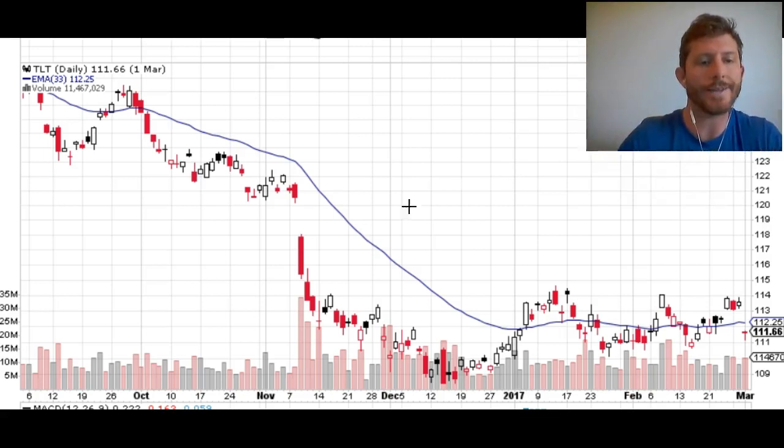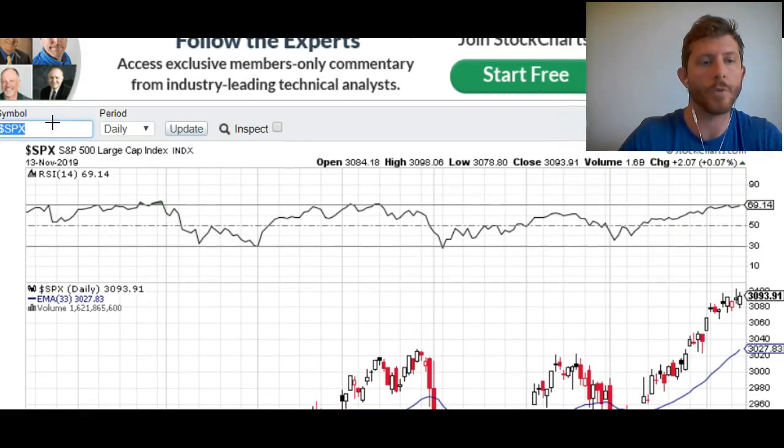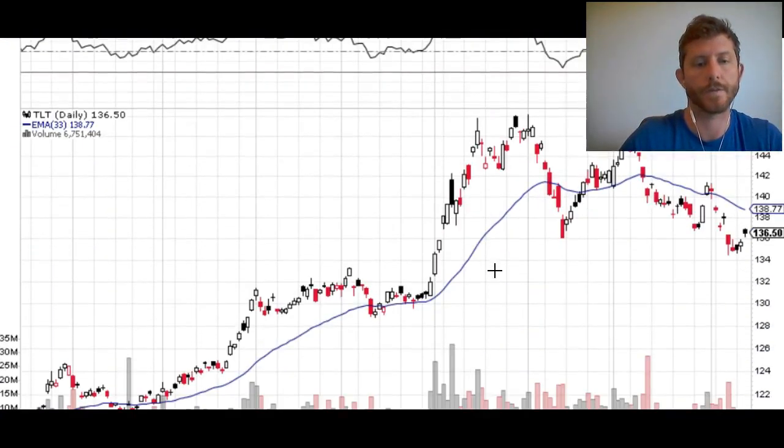So we're looking at TLT. As you can see, this is 2016, all right? August through November was heading lower right here. Now let's take a look at the TLT chart for the current action.